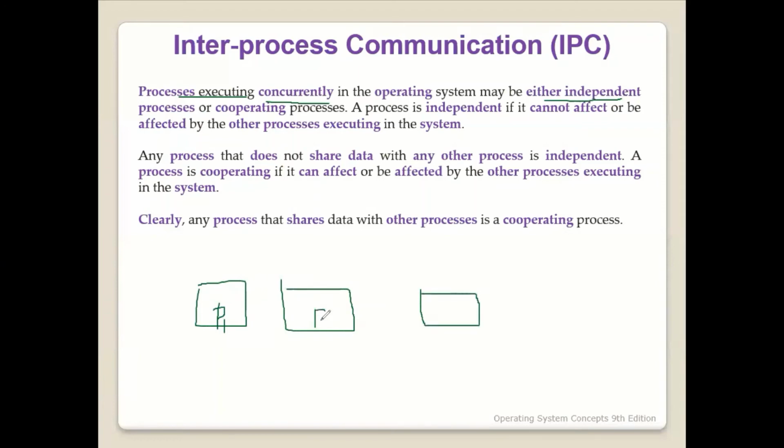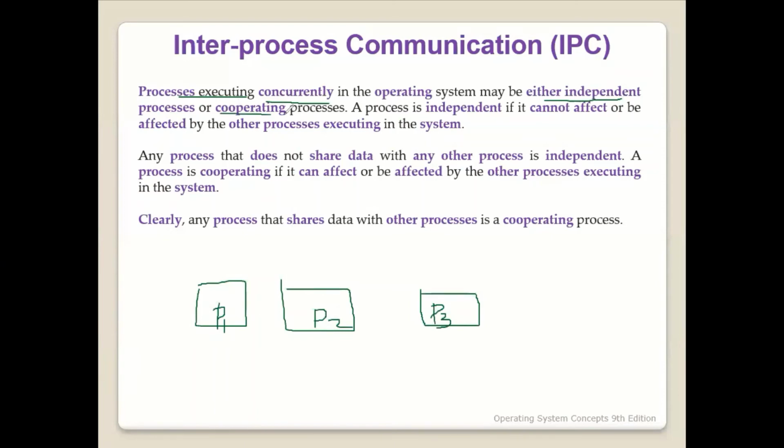Simultaneously, the operating system is executing 2-3 processes. Sometimes these 3 processes can be independent. Independent means these are all different, not at all related to each other.